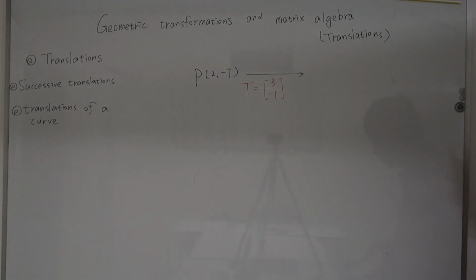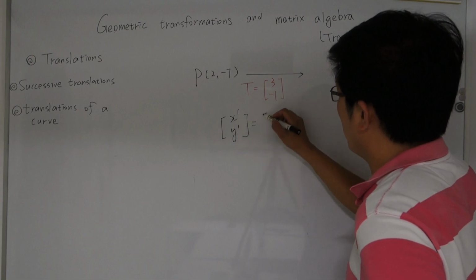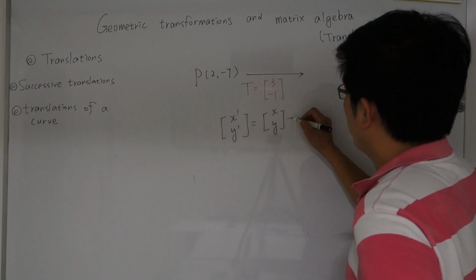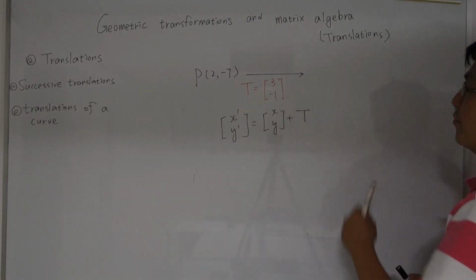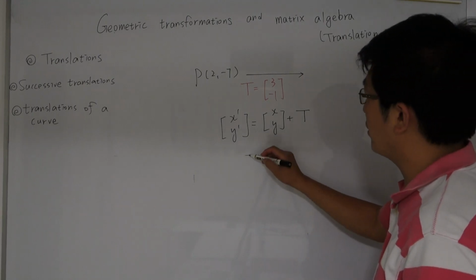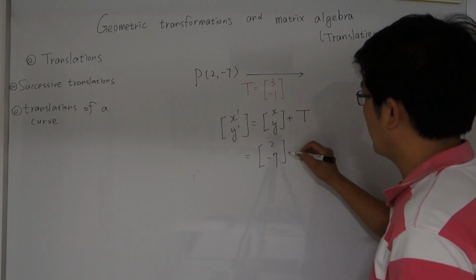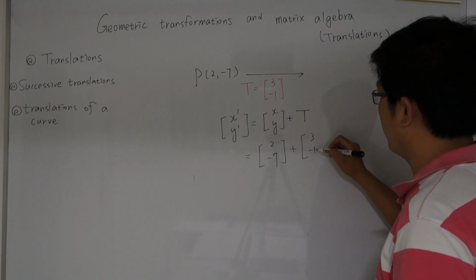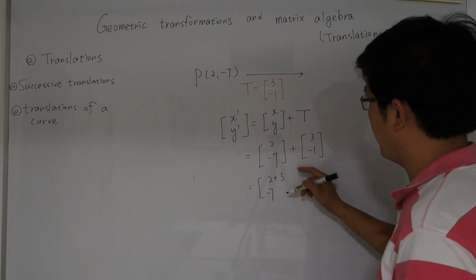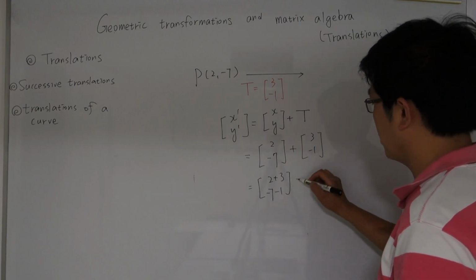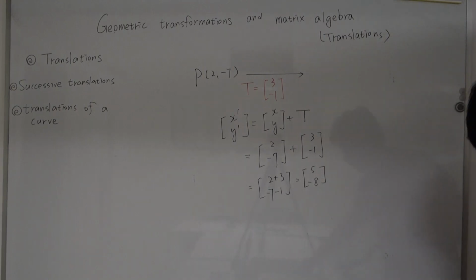So how do we do that? We write down the new point (x', y') equals the original point plus the translation vector. The original point is (2, -7), plus (3, -1). So 2 plus 3, and -7 plus -1 becomes -8. So we get the new point (5, -8). It makes sense, right?